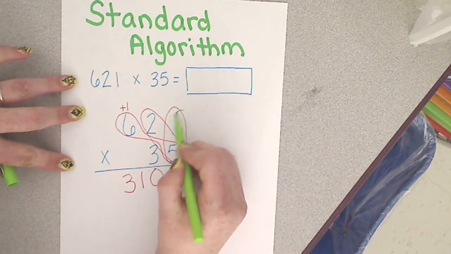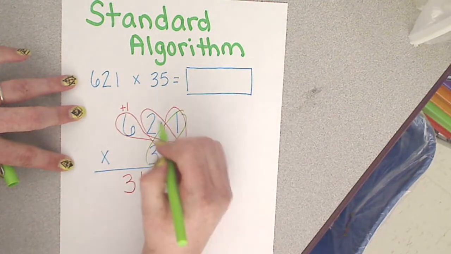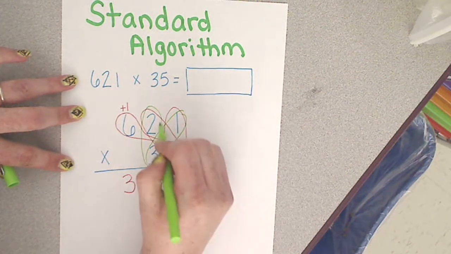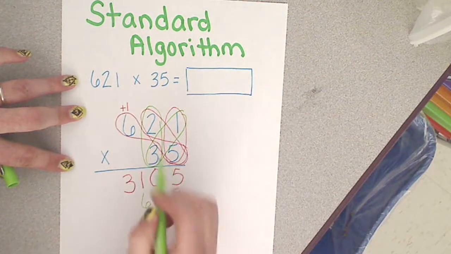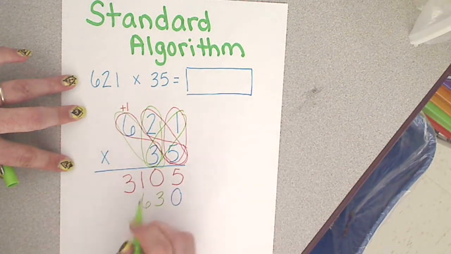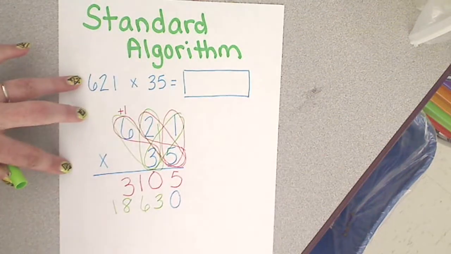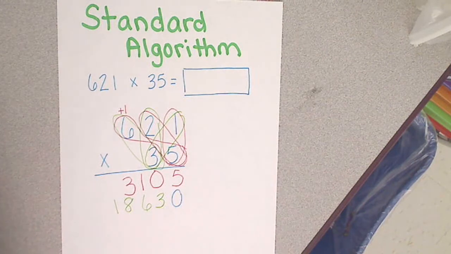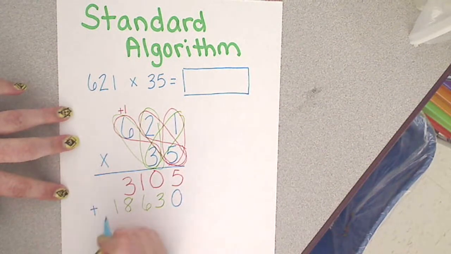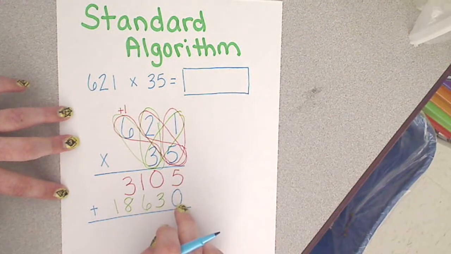So now I need to multiply 1 times 3, which is 3, 2 times 3, which is 6, and 6 times 3, which is 18. And now I need to add up these partial products, because again, these are partial products.